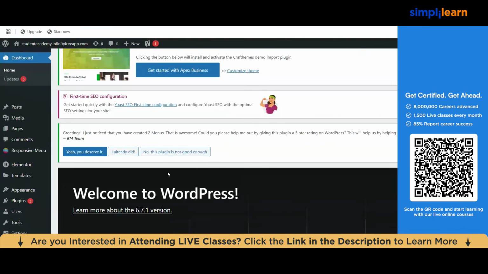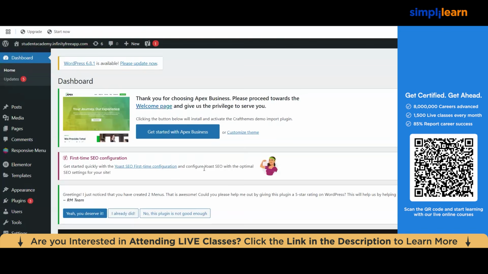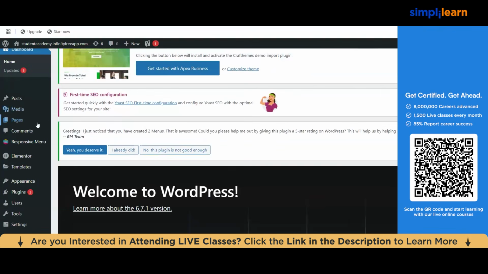So what you have to do is come to this dashboard, and once you are there, go to the section called appearance. Let me check. Under appearance, you go to the theme file editor.